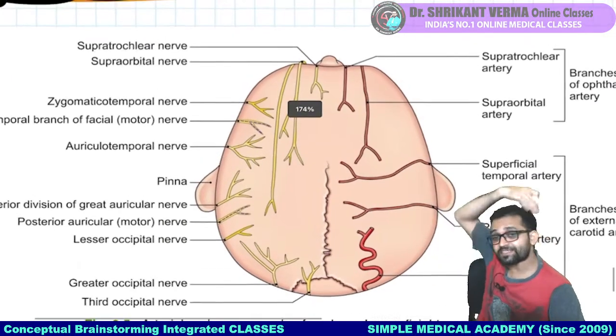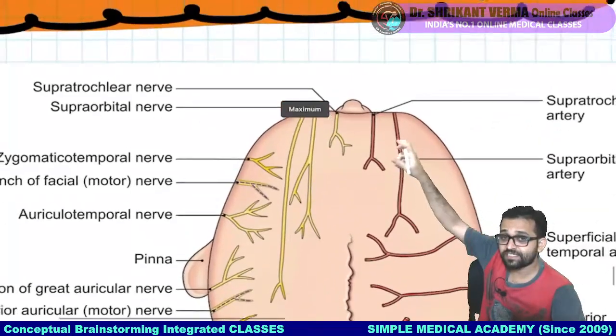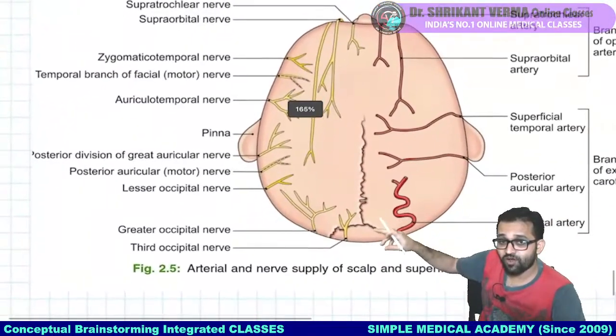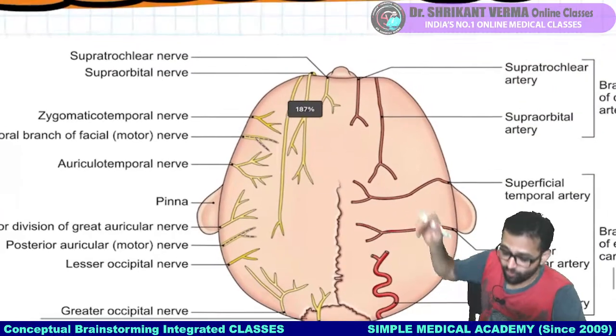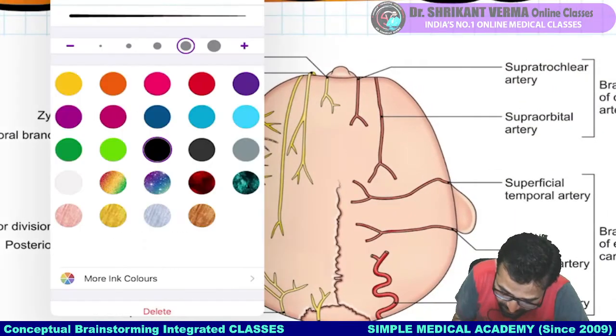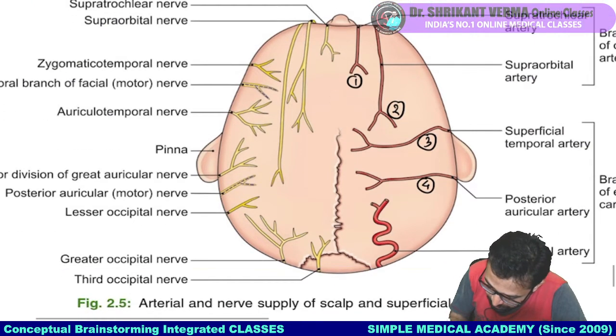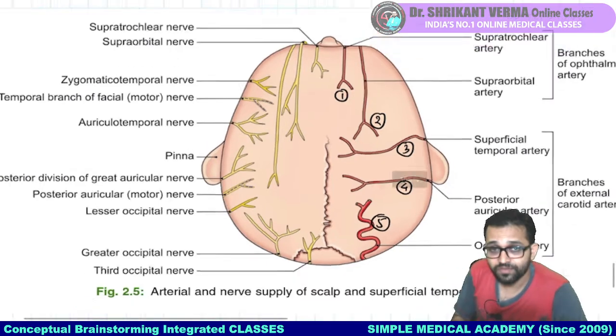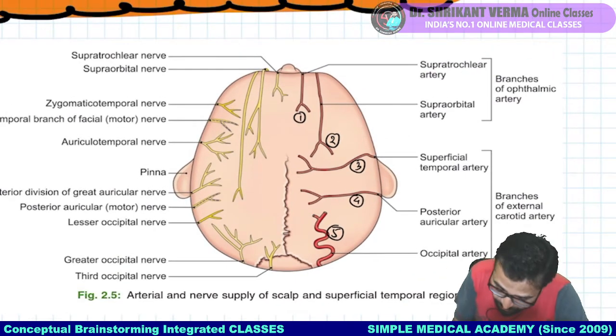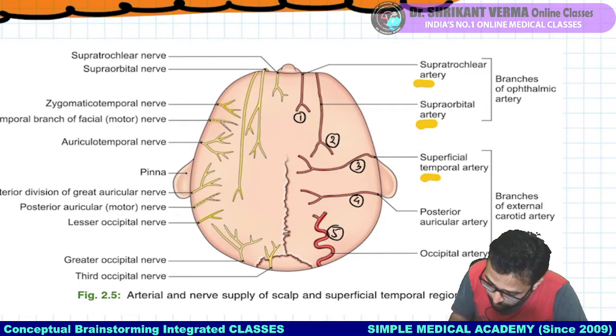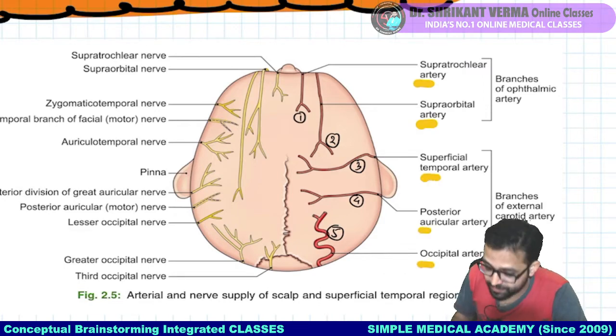So you are looking at the scalp region from above. You can see here the nose, here you can see the occipital region, and on each side the ear. Can you observe what the 5 arteries are? 1, 2, 3, 4, 5. You can observe the supratrochlear artery, supraorbital artery, superficial temporal, posterior auricular, and occipital.